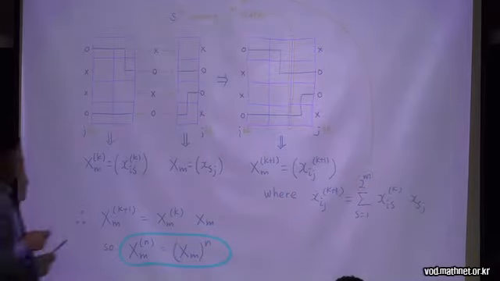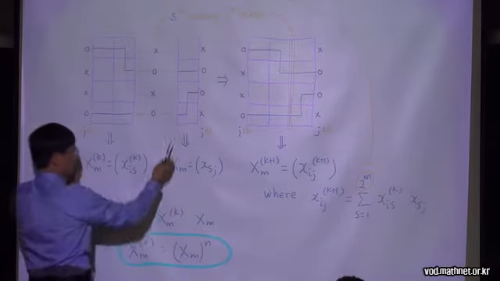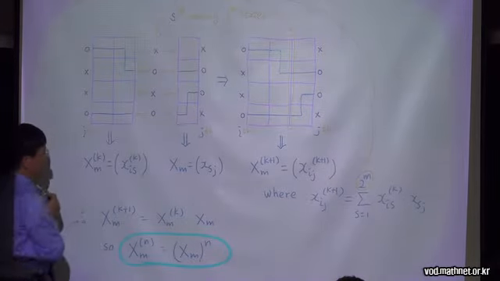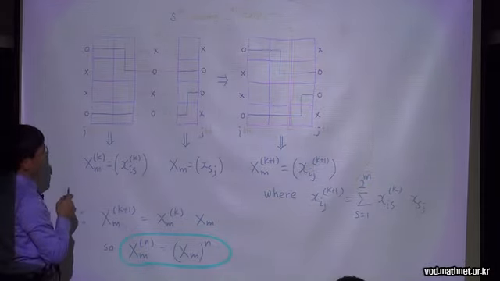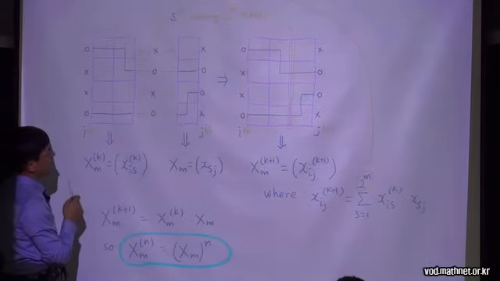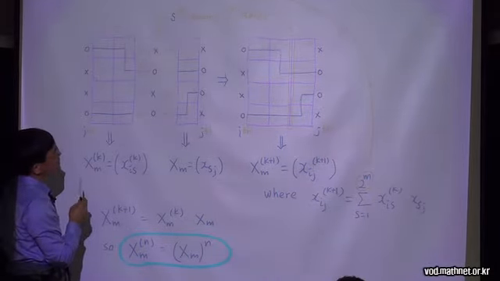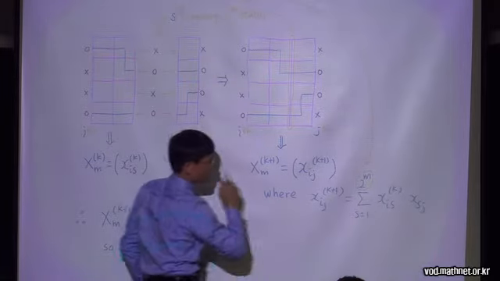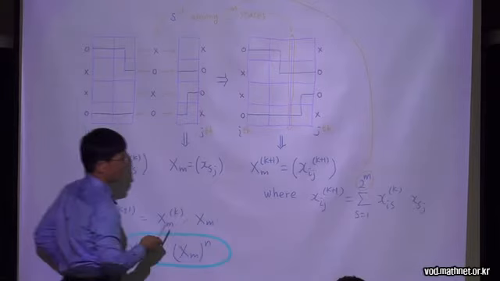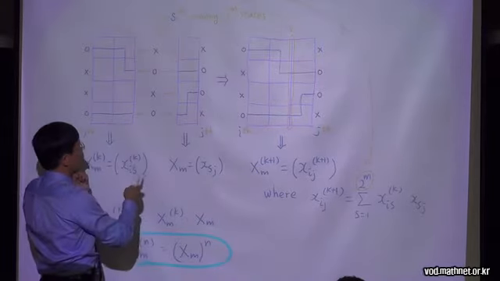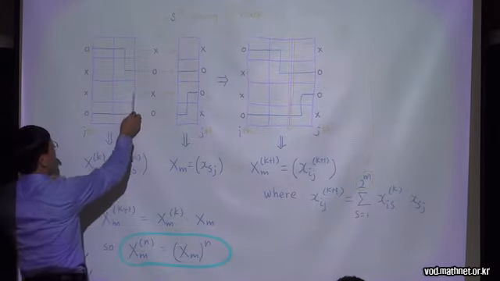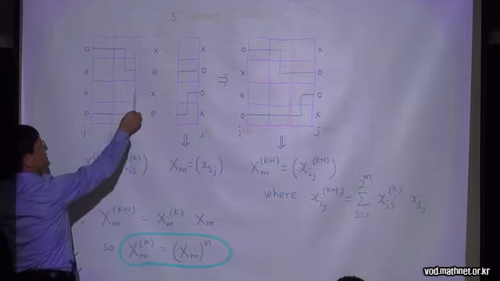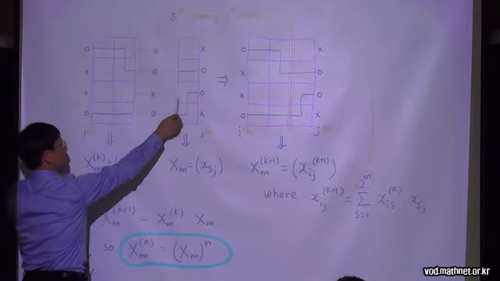So if you want to attach it, then actually look at these equations. When you attach it, this one has S state and this one has S state.